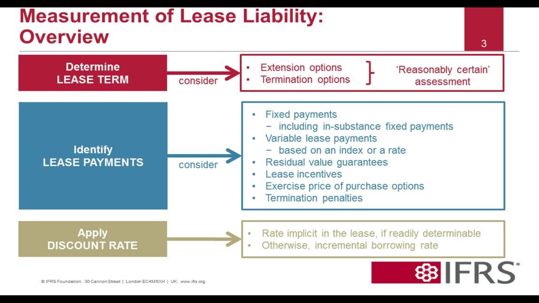We'll start with variable lease payments, again looking at when these should be included within lease payments and when they shouldn't. And we'll also talk about the concept of in-substance fixed lease payments. Finally, then we'll talk about discount rate, in particular, looking at how a lessee arrives at the appropriate discount rate to apply in measuring the lease liability.